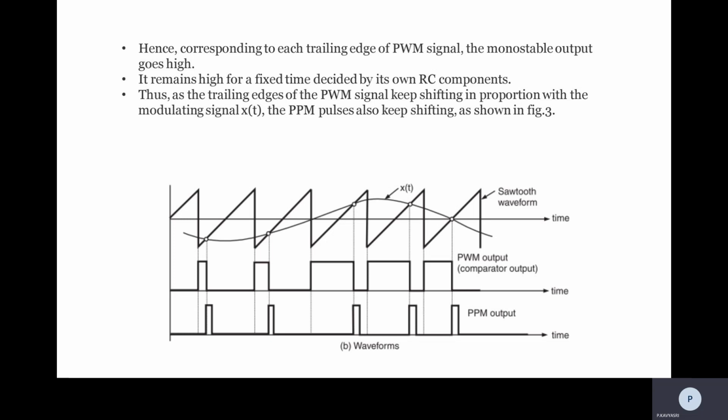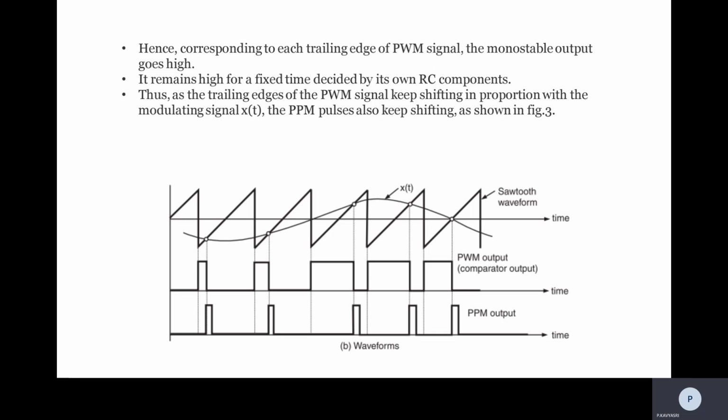If you observe the figure here, the first waveform represents the message signal x of t, which is a sinusoidal signal, as well as a sawtooth waveform. In the second waveform, we get a PWM output, the pulse width modulated output corresponding to the first waveform.